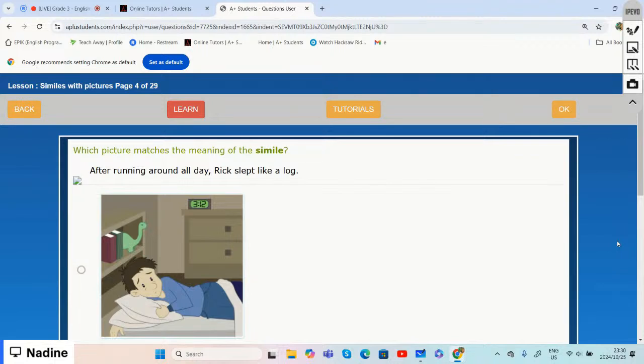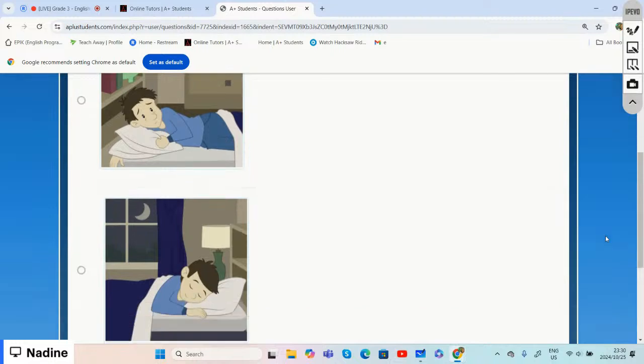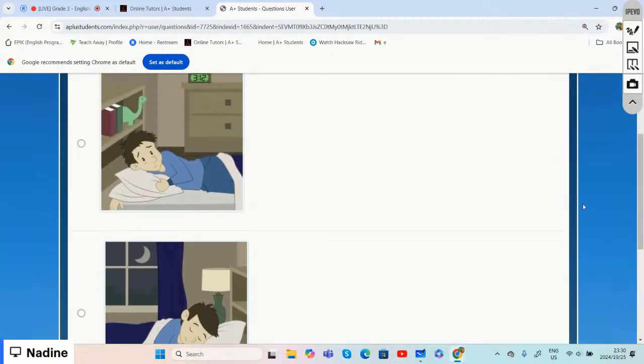After running around all day, Rick slept like a log. Is that option one, how he slept like a log, or option two?